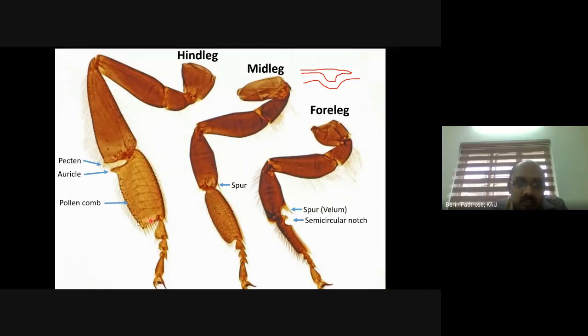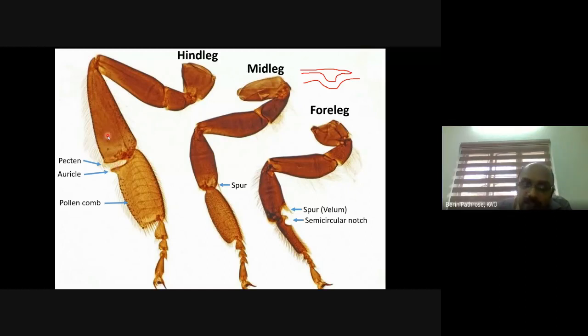This enlarged one is the basic tarsal. And between the tibia and the basic tarsal segment, we have a gap over here, and this gap is called the pollen press. I will repeat, it is the pollen press. The purpose of this is to press the pollen grains into small balls.